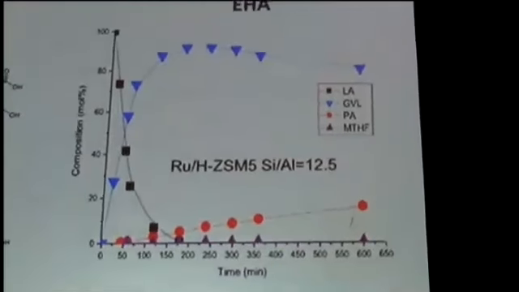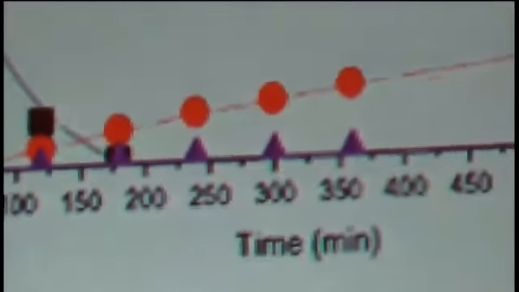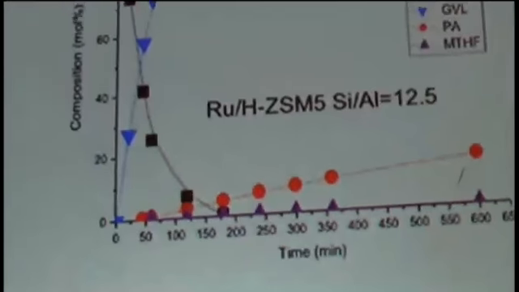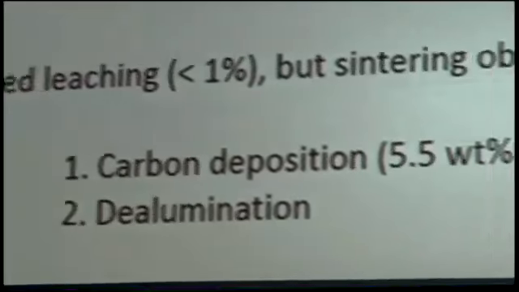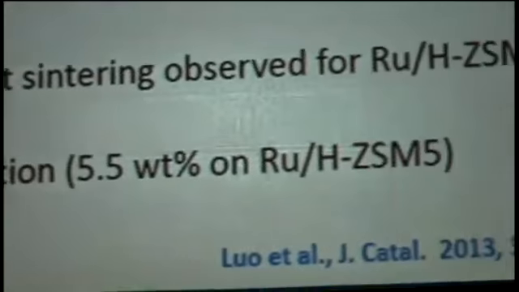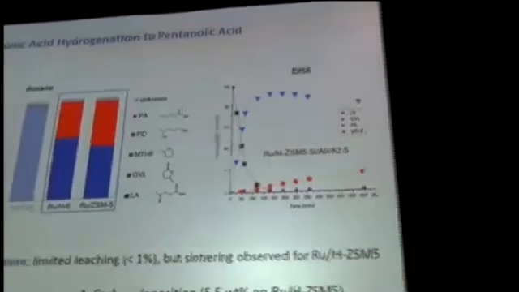What we see is that also in EHA we get pentanoic acid, but we get less pentanoic acid than we would get in dioxane. This is of course again because of competitive adsorption, but also because of deactivation of the catalyst. You have to keep in mind that we're boiling the zeolite in this acid for 10 hours, so these are very stringent conditions for the zeolite, and we can expect some dealumination to occur.